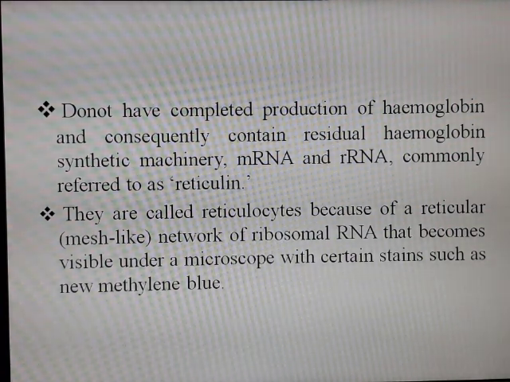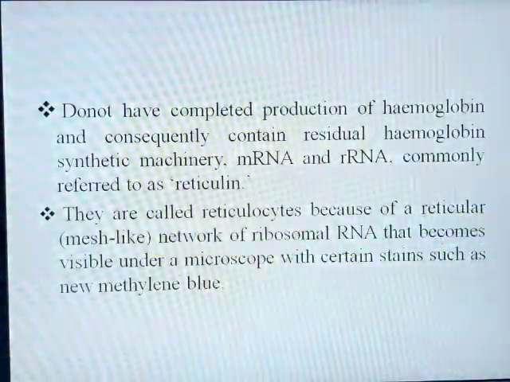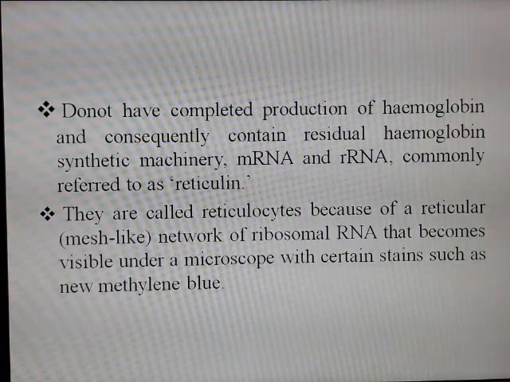They are called reticulocytes because of a reticular mesh-like network of ribosomal RNA that becomes visible under a microscope with certain stains such as new methylene blue and 1% brilliant cresyl blue. Those are the supravital stains.